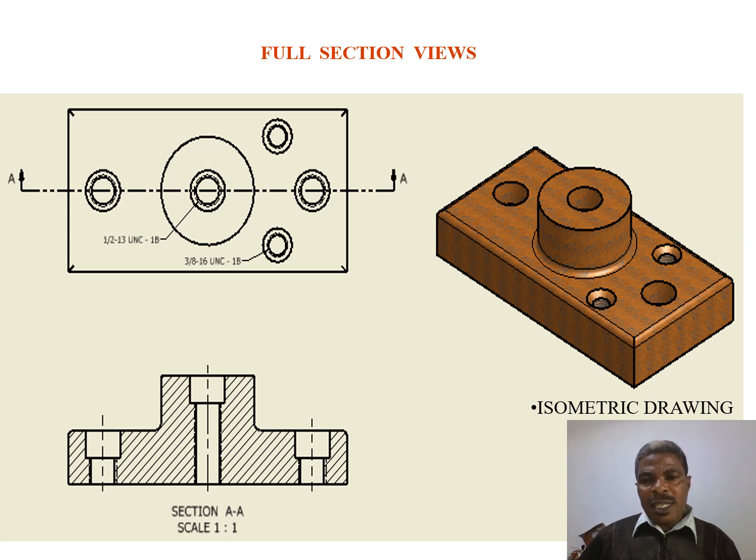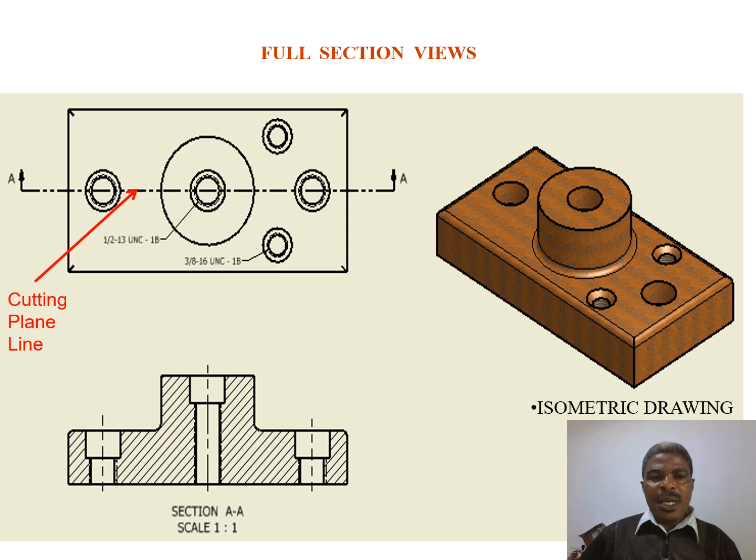So our object is given in an isometric drawing. You can see how it looks. But the isometric gives us a good picture of the object. However, it can hardly show the internal features of the object. So to aid this, we need to have a section view, of which we can see the inner part or interior part of our object.